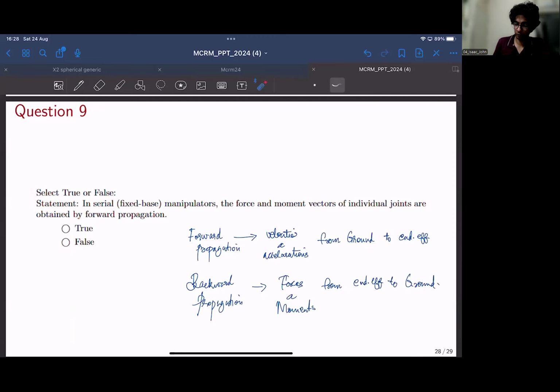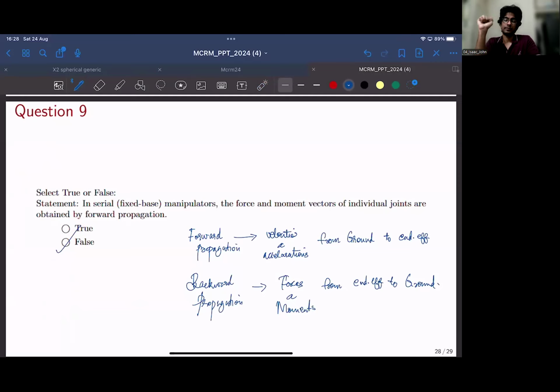It says forces and moments are obtained through forward propagation. That is obviously false because the only known initial condition of forces would be at the tip of the end effector, contributed by the payload. And using backward propagation, we will find out all the torques and forces of the subsequent links down the line. So that obviously makes the statement false.